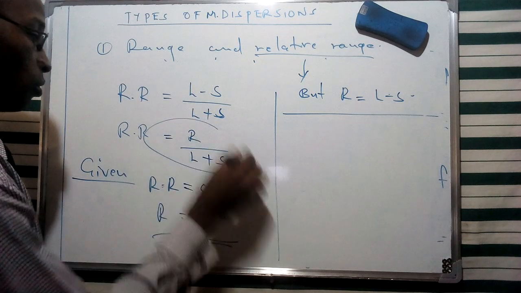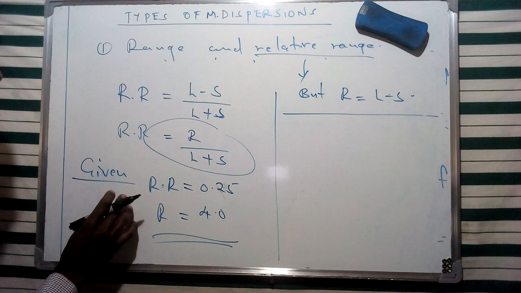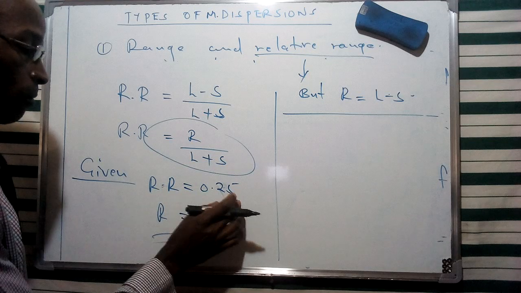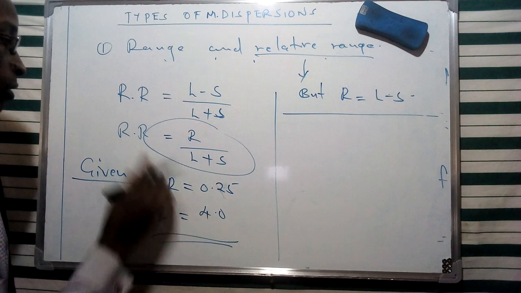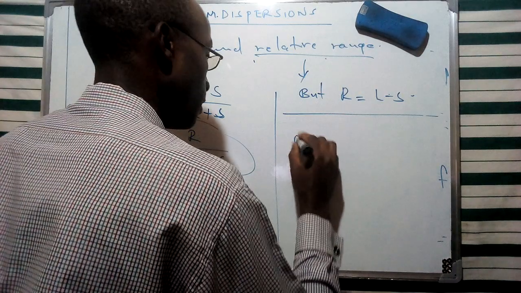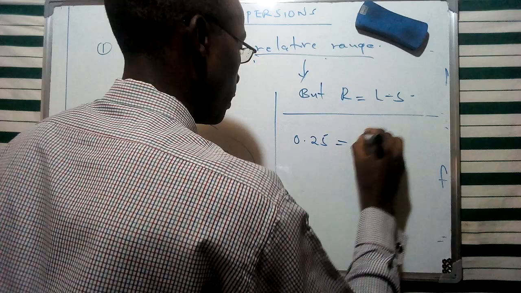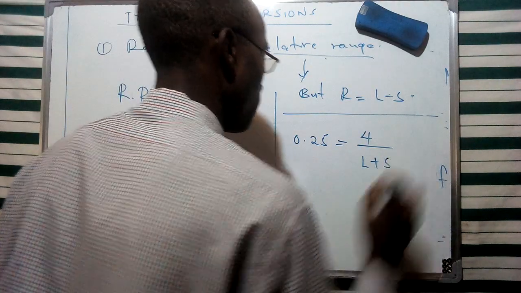Now we're going to use this relationship from a specific set of data whereby we have been given relative range as 0.25, which is a ratio, and a range given as 4. So we're going to have 0.25 as our relative range equivalent to 4 all over the largest plus the smallest value.